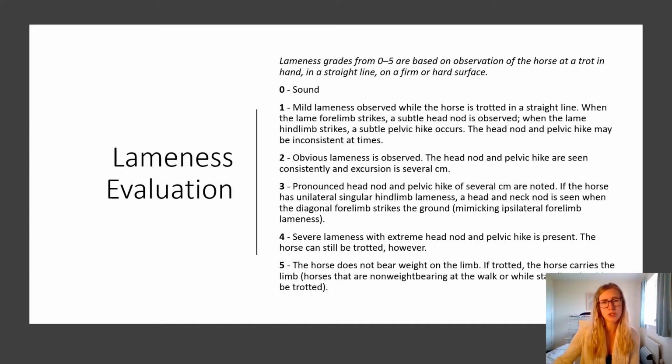But not everyone uses a grade or a scale. And obviously you guys don't need to use a grade or a scale. I'm just going to tell you some really useful things to look out for, but those things are often noted in this scale. So for example, I'm going to talk to you about head nod and pelvic hike, and as you can see, that makes a mention in the scale.